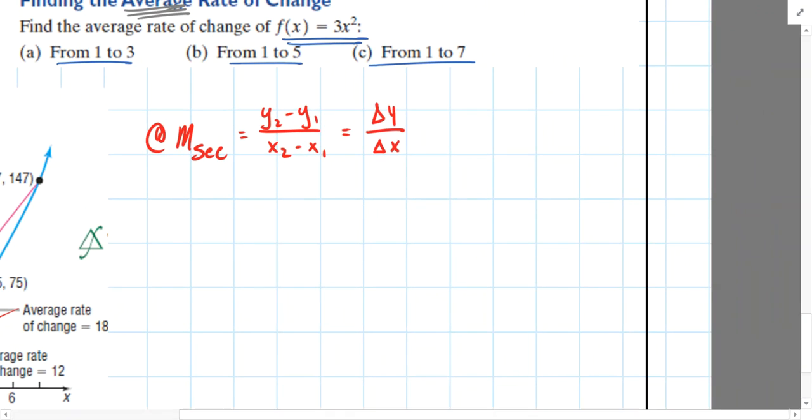Or with function notation, you might see something like this: the function evaluated at some value a minus the function evaluated at some value b, divided by a minus b, or some other form of that. But they all mean the same thing. Let's take our two y coordinates and subtract them. Let's take our two x coordinates and subtract them, and simplify the fraction.